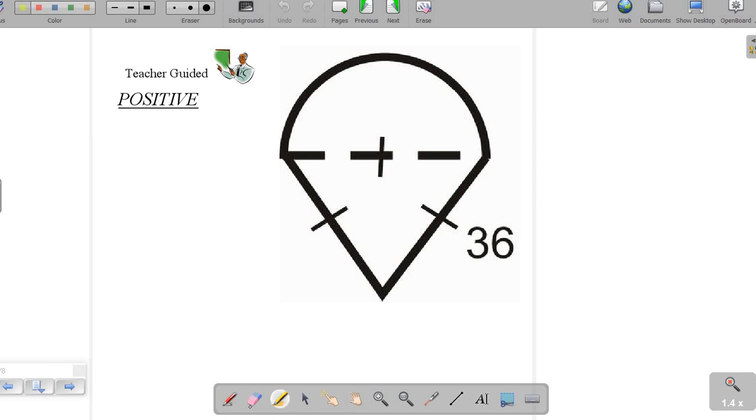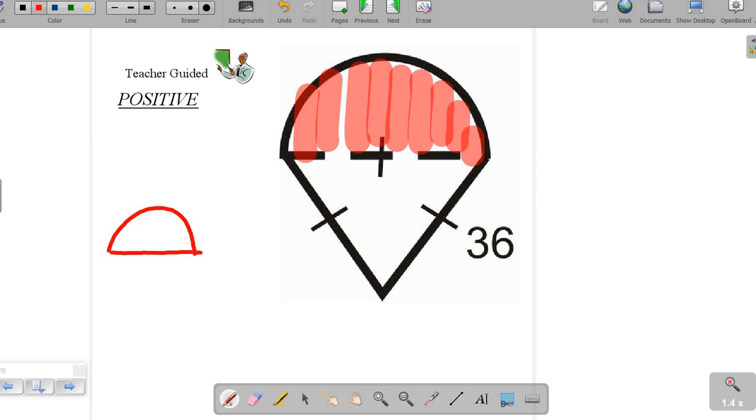Positive. We see here that we're going to add the area of the semicircle plus the area of the triangle.